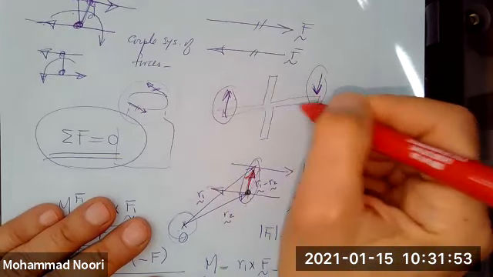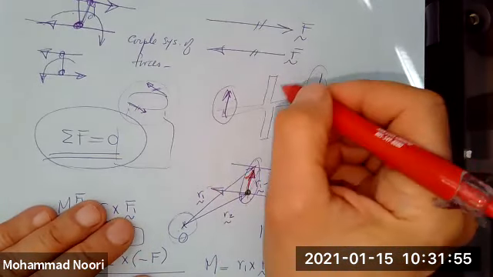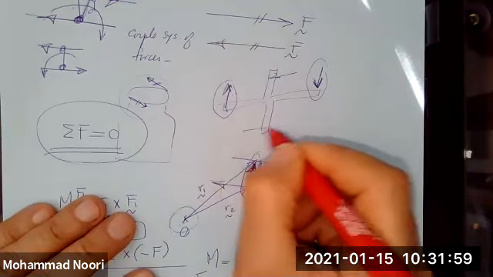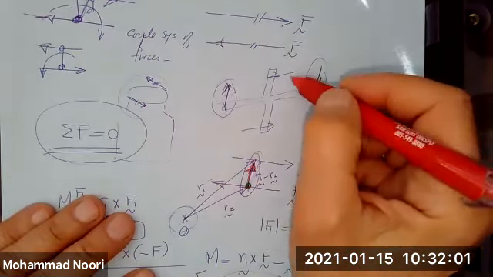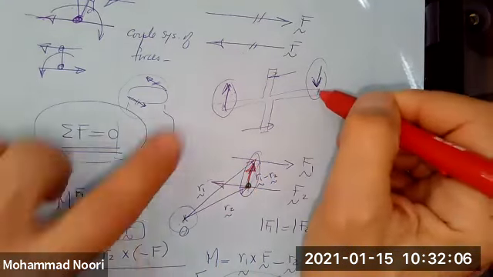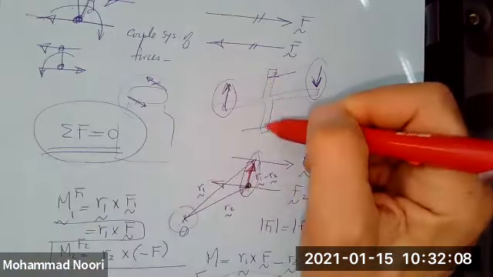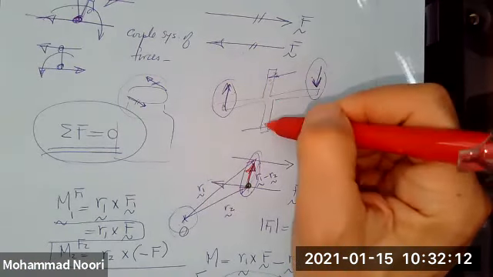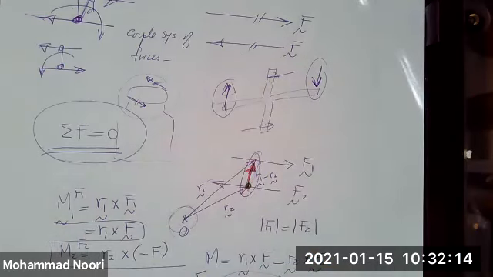If you have the possibility, you can put those here and here, and they'll do the same function. Regardless of where you put these two on the object, they do the same function, as long as the magnitude and the distance are the same. And we'll actually do some problems to demonstrate that.